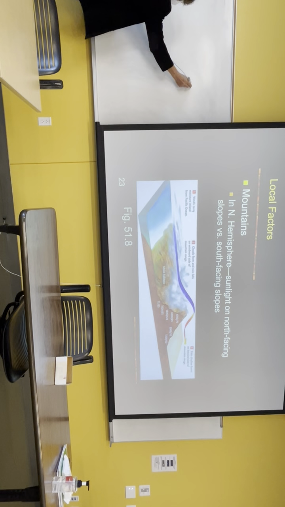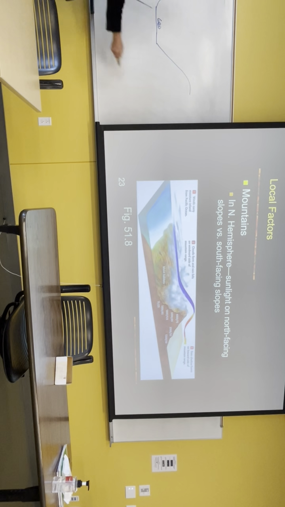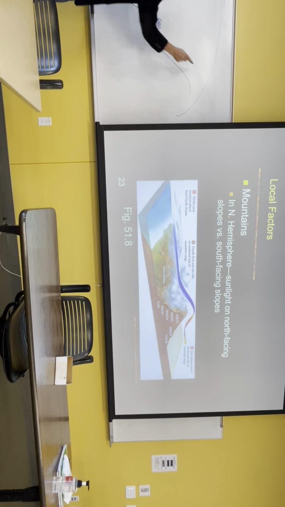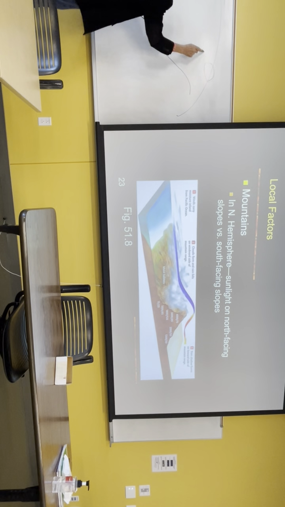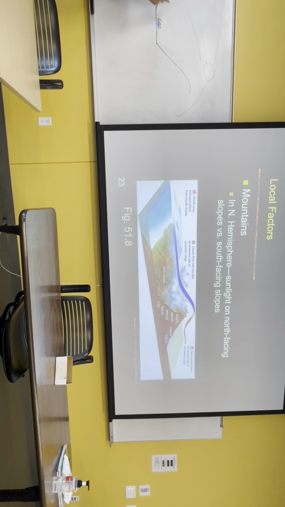This is the west-facing slope. As the sun comes up and goes over and disappears, in the early morning it's getting pretty direct sunlight, but by the time the sun gets over here, it's that side that's getting the direct sunlight. So now both of them have about the same amount of sunlight.